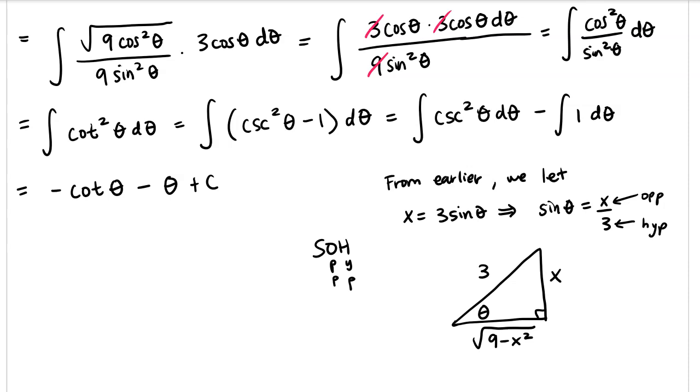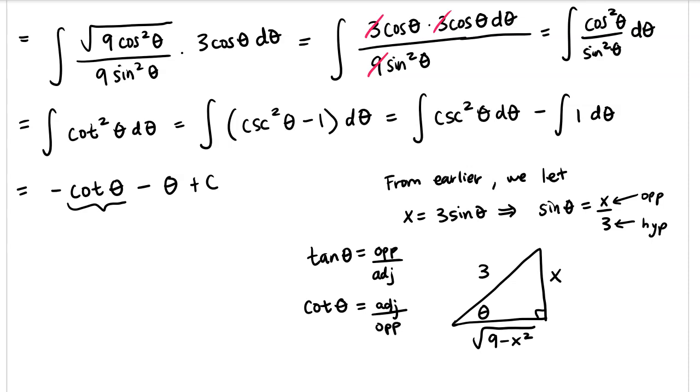I think not. Okay, so now from our picture, this is where we can start to gain our values. I want to think about what cotangent of theta is equal to. Remember that tangent of theta from SOHCAHTOA is equal to opposite over adjacent. Because cotangent is the reciprocal of tangent, it should be the adjacent side length over the opposite side length.